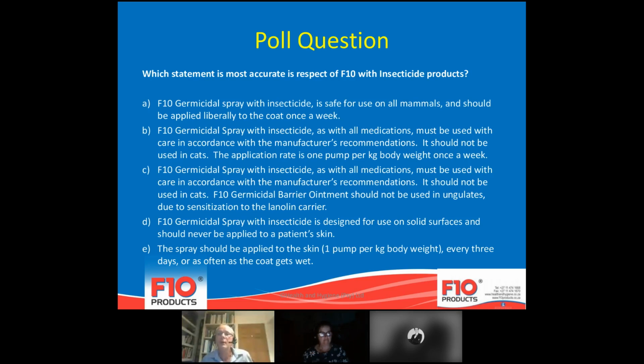So B is good. E, a lot of people say the spray should be applied to the skin 1 pump per kilogram body weight every 3 days or as often as the coat gets wet. Every 3 days is a little bit too often. The instructions on the label say every 4 to 5 days and 1 pump per kilogram body weight, and that is fine.